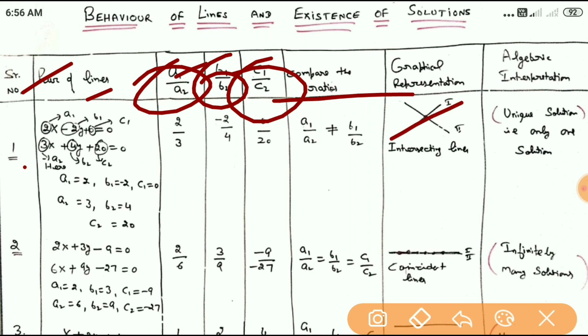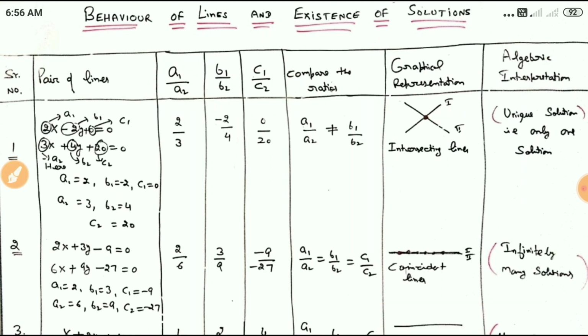The next is graphical representation, which means the lines are intersecting, lie on each other, or are parallel to each other. The last column is algebraic interpretation, which means the solution is unique, there are so many solutions, or there is no solution. So let us discuss one by one.